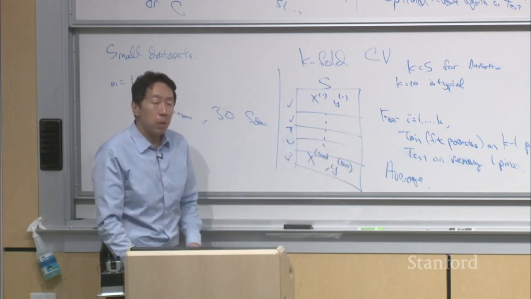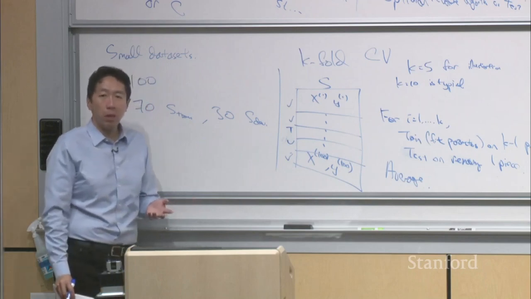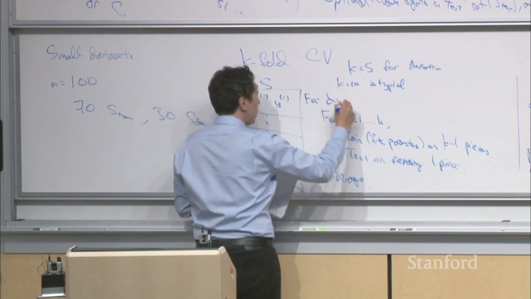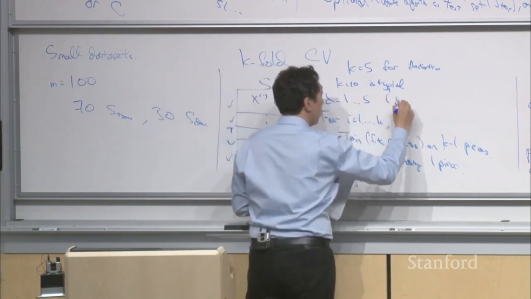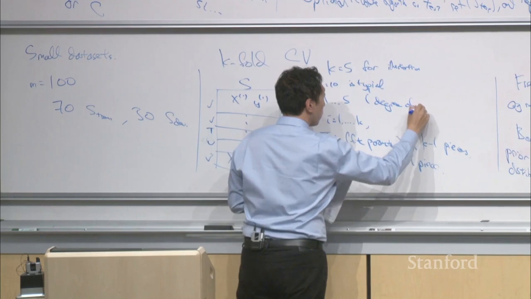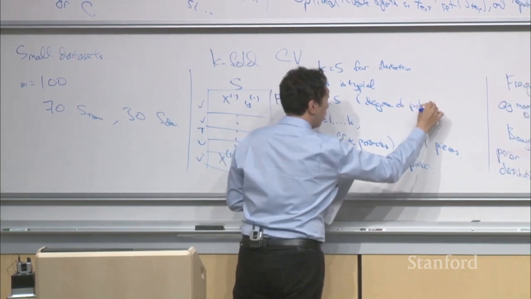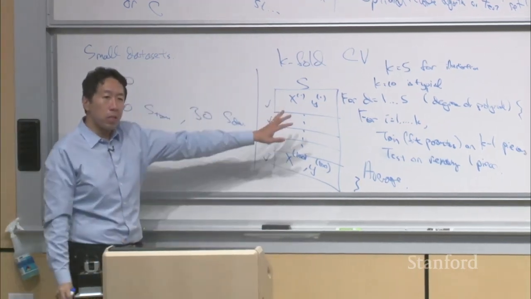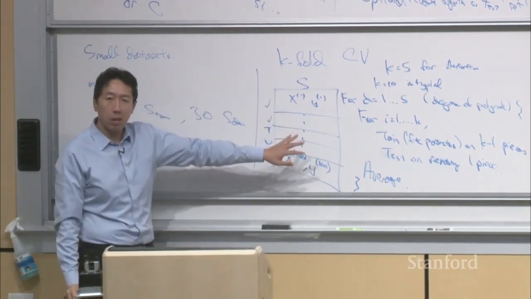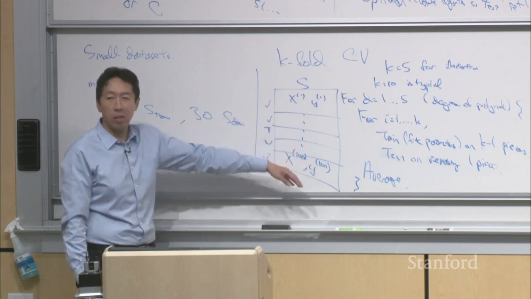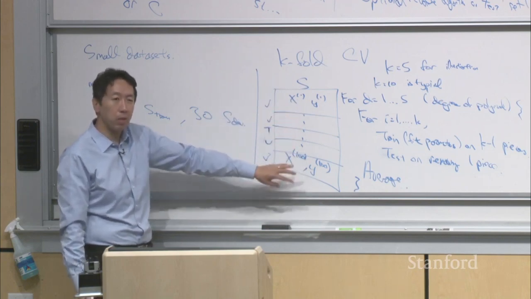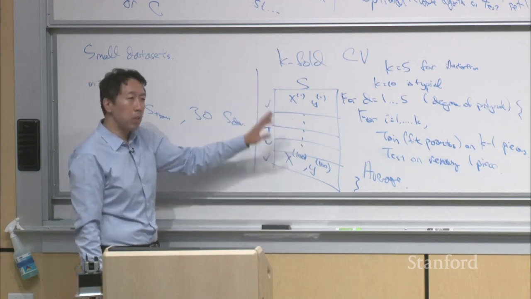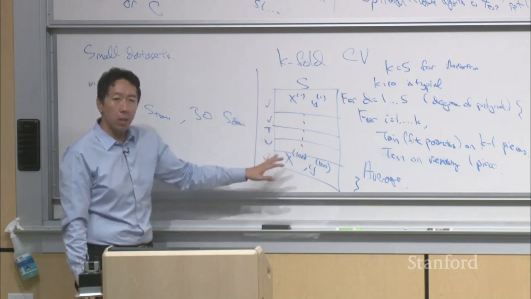Okay? And so if you're trying to choose a degree of polynomial, what you would do is, for d equals 1 to 5, you do this procedure for a first order polynomial. You fit the linear regression model 5 times, each time on 4/5 of the data, and test on the remaining 1/5. And you repeat this whole procedure for the quadratic function, repeat this whole procedure for the cubic function, and so on.